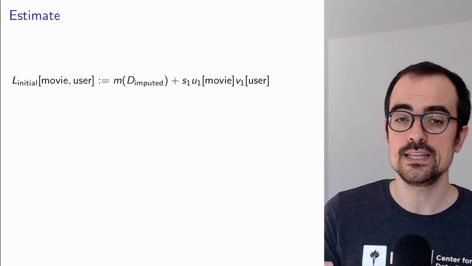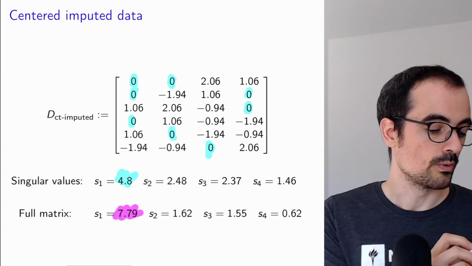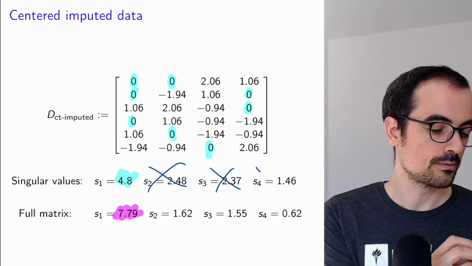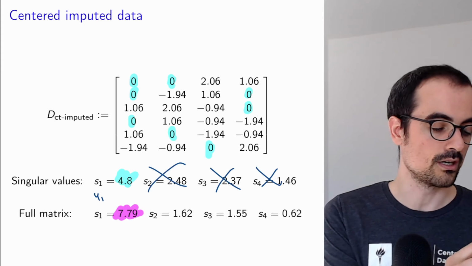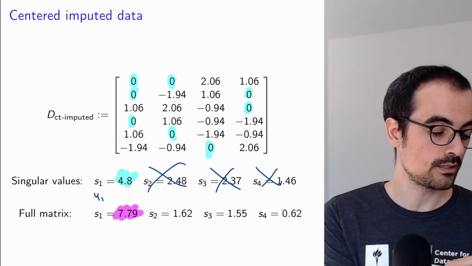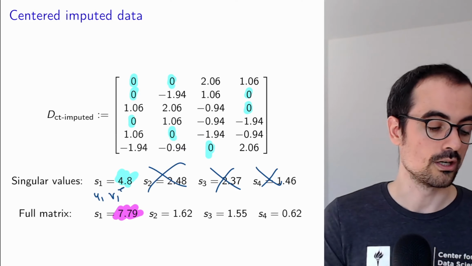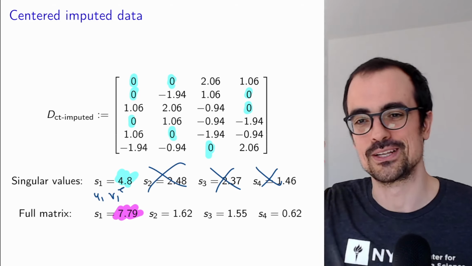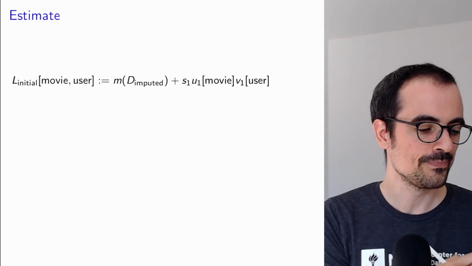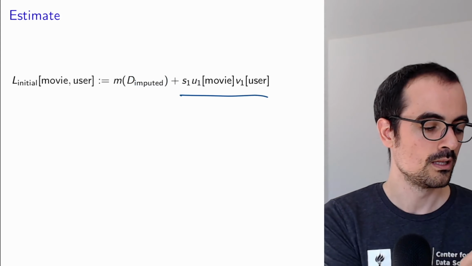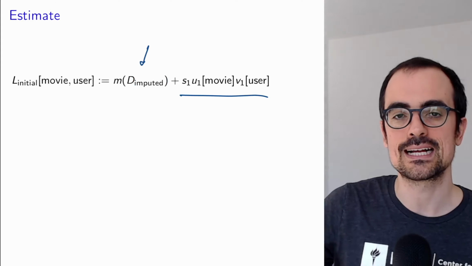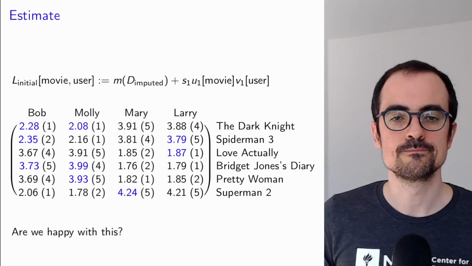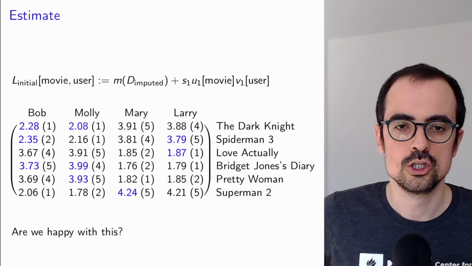Basically, we compute the SVD and we just preserve U1, the left singular vector corresponding to the largest singular value, and the right singular vector corresponding to the largest singular value, and we throw away the rest. That gives us a rank 1 model, and we're going to add back the mean of the observed ratings to get an approximation to the missing ratings.